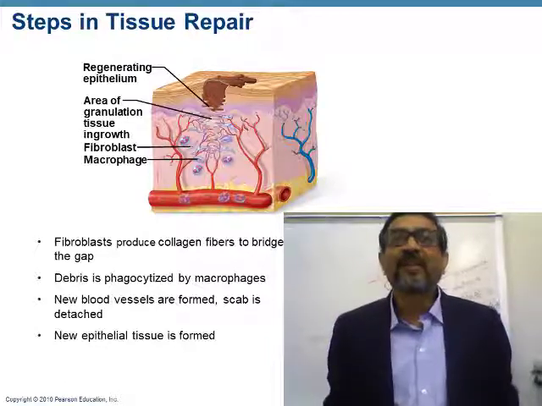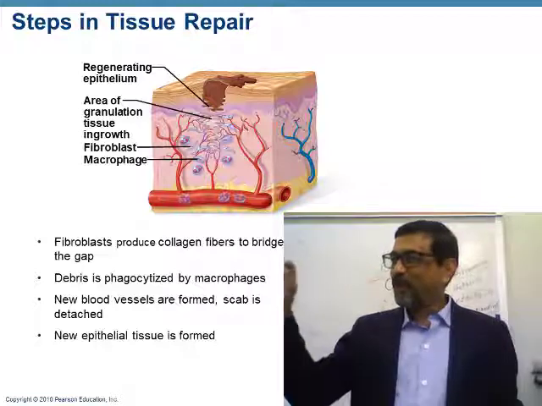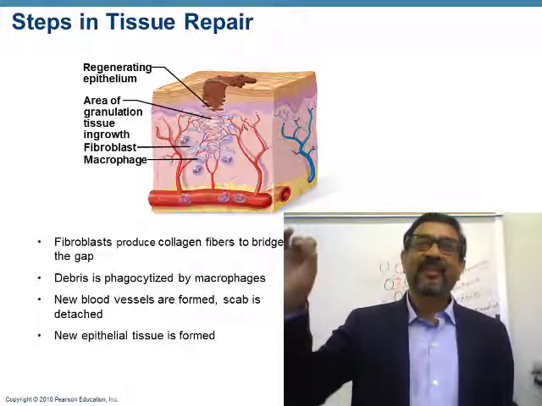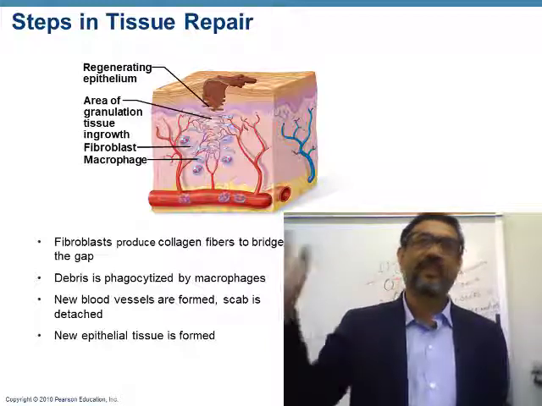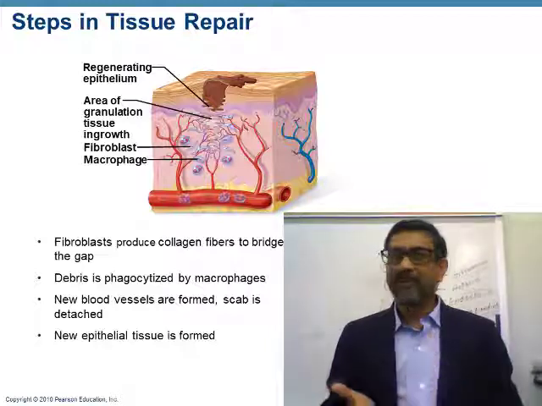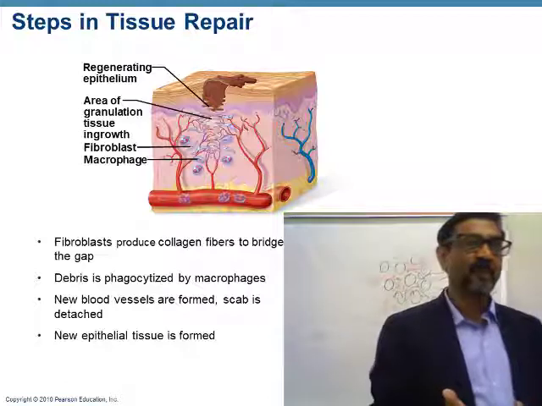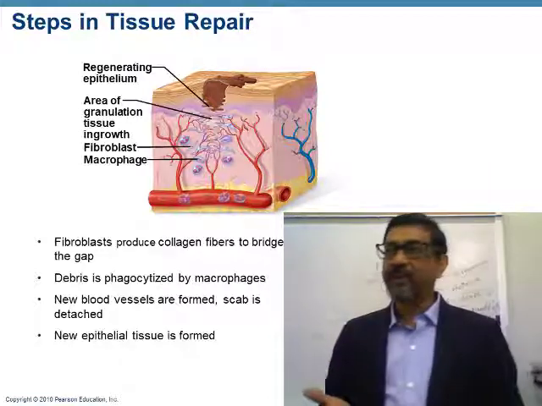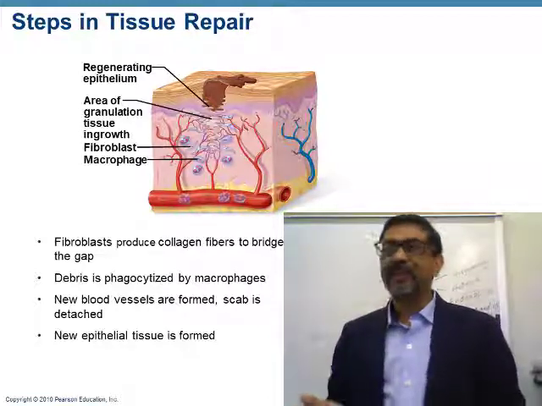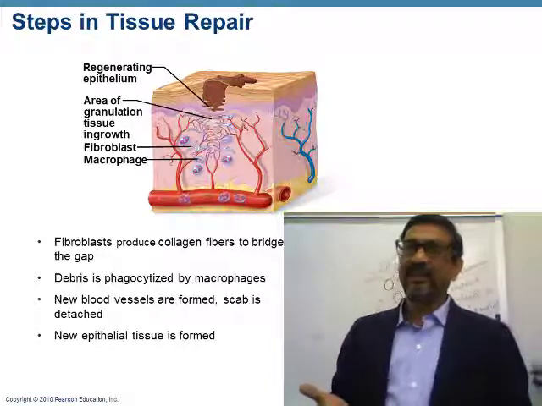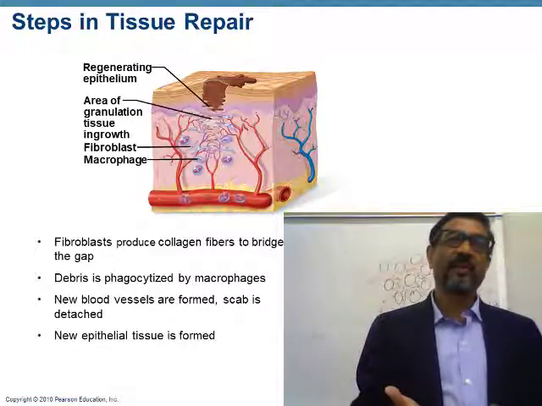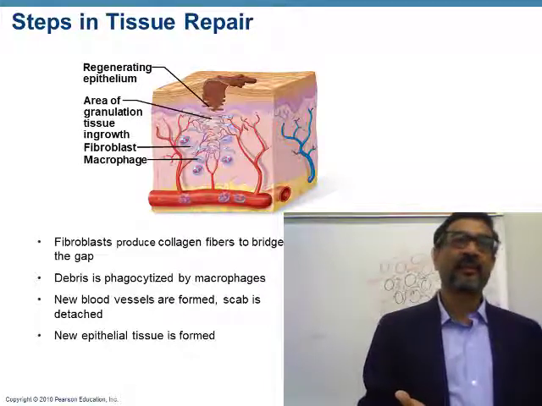So an easy way to say it is: number 1 filling, number 2 cleaning, number 3 branching, number 4 covering. Make sense? So filling by fibroblasts, collagen fibers, cleaning by macrophages, by phagocytosis, then branching from adjacent blood vessels, and covering by the epithelial tissue.